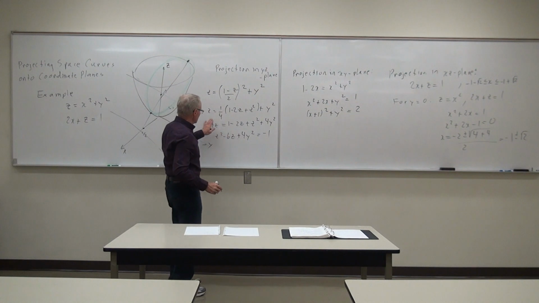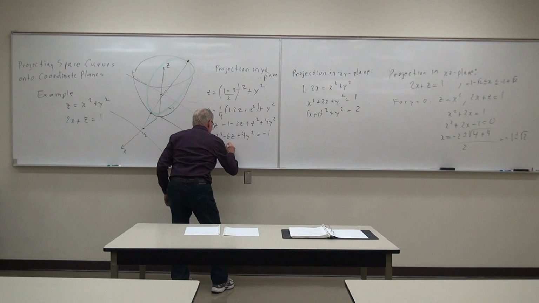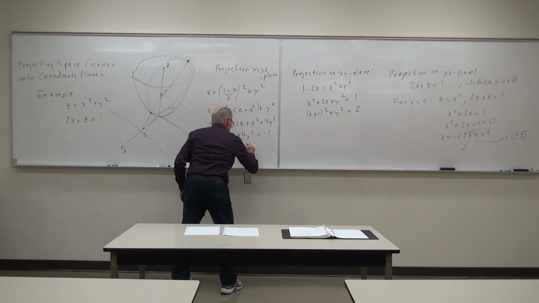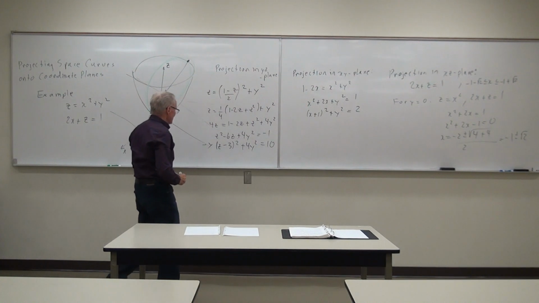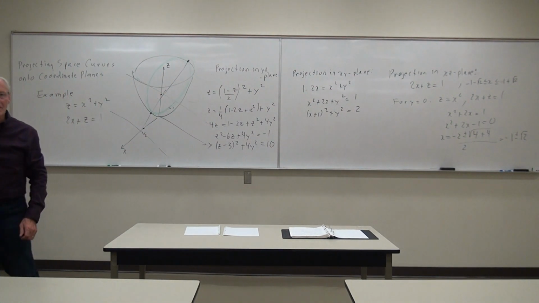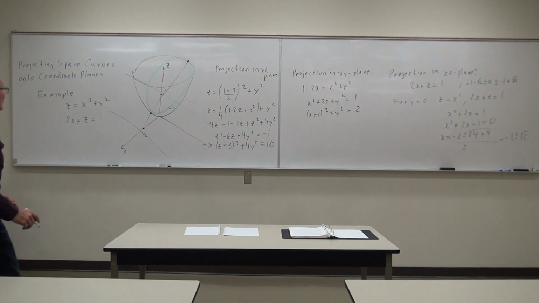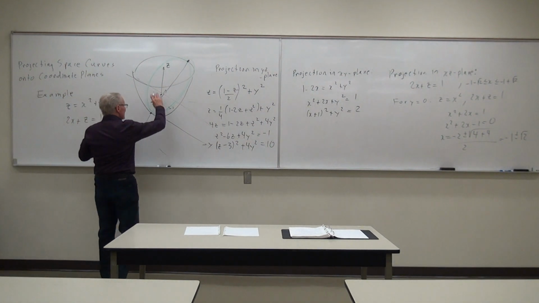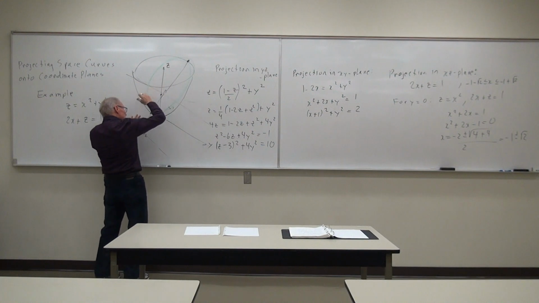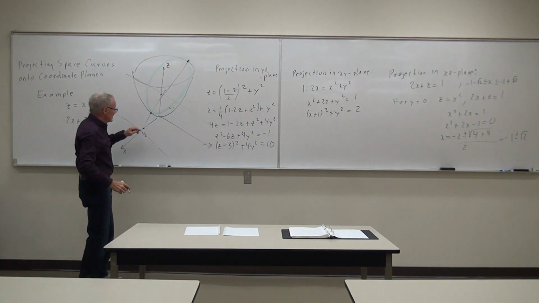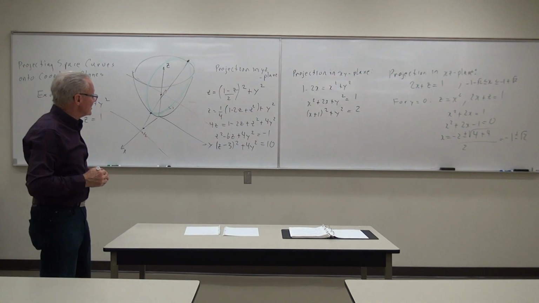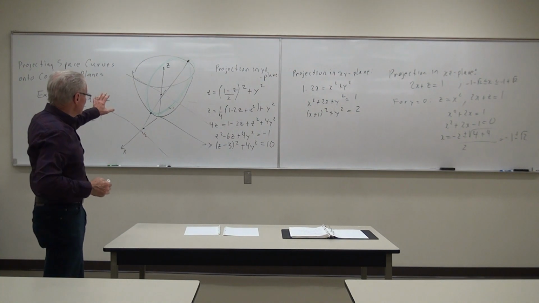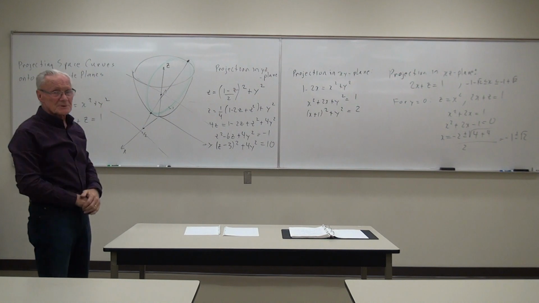So I put 1 on the other side, and I put everything else on the other side. Complete the square: (z minus 3) squared plus 4y squared equal to 8, with the 9 added. What do you got? An ellipse. Would you agree that it's not unreasonable that in the yz plane, this thing projects onto an ellipse? So there then are the 3 projections of that curve of intersection of those 2 surfaces.